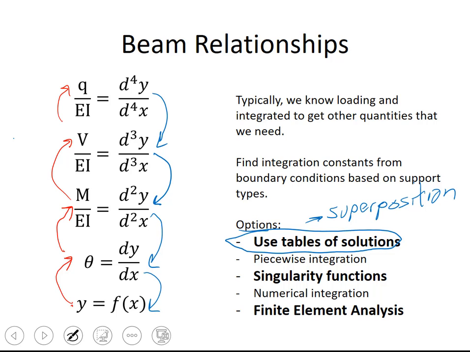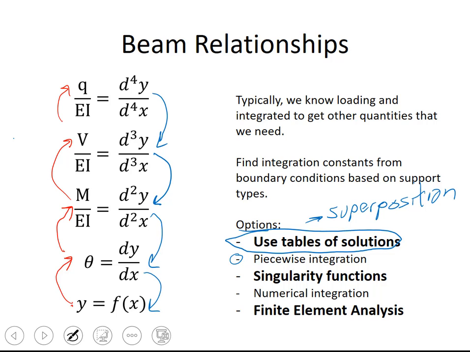We could integrate piecewise. That's probably the technique they taught you in your mechanics and materials class. It could be a little cumbersome because of the discontinuities. We integrate and we have to do a series of integrations across the length of the beam and make sure that they're continuous, that the values match as needed.